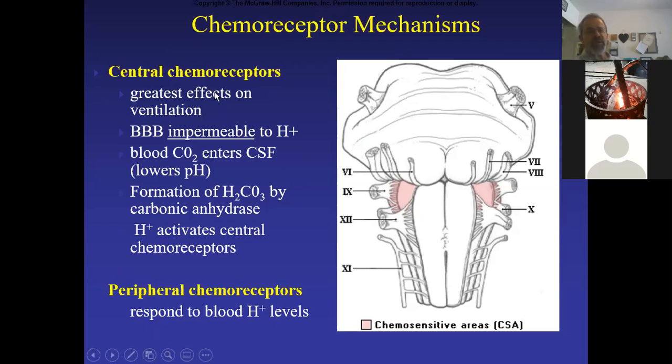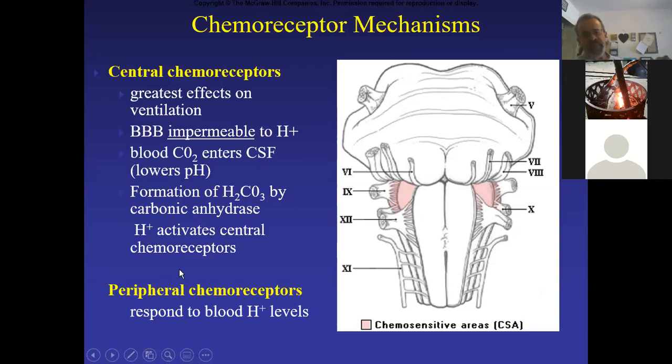The central chemoreceptors, which appear to have much more of an impact on breathing than the peripheral, operate differently. The blood-brain barrier does not allow hydrogen ions to get into the brain from the blood. But what happens is carbon dioxide does enter the cerebrospinal fluid, and once it's in the cerebrospinal fluid, it is then converted to carbonic acid, and there we have the hydrogen ions.